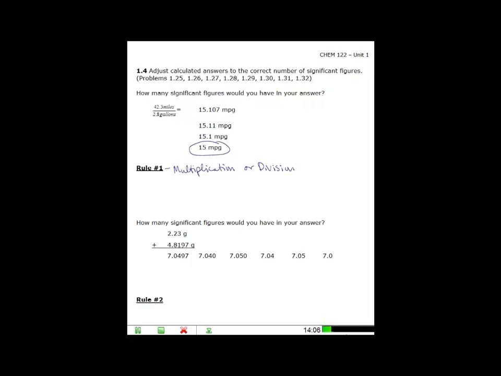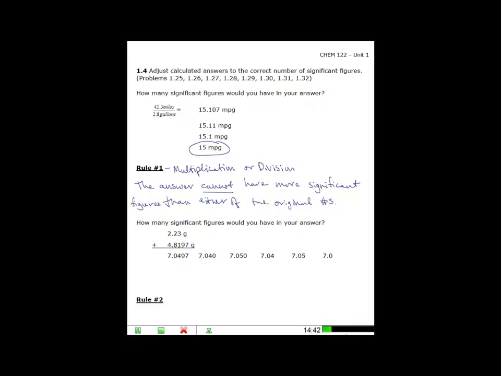And the rule is the answer cannot have more significant figures than either of the original numbers. Okay, so let's read through this again. The answer cannot have more significant figures than either of the original numbers.